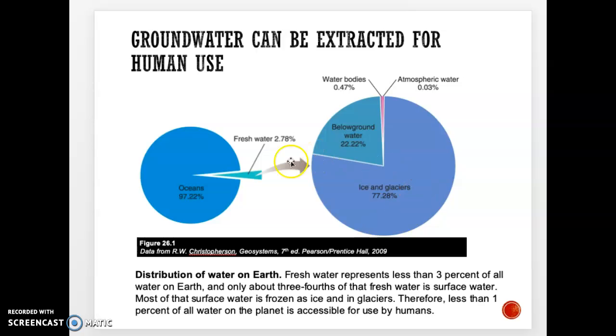So kind of from this diagram, I want you to think about these questions that I'm going to ask. What do you see as the primary repositories of fresh water on our planet? Where is it found? Which repository is the largest? Of all the water on our planet, how much of it accounts for fresh water?